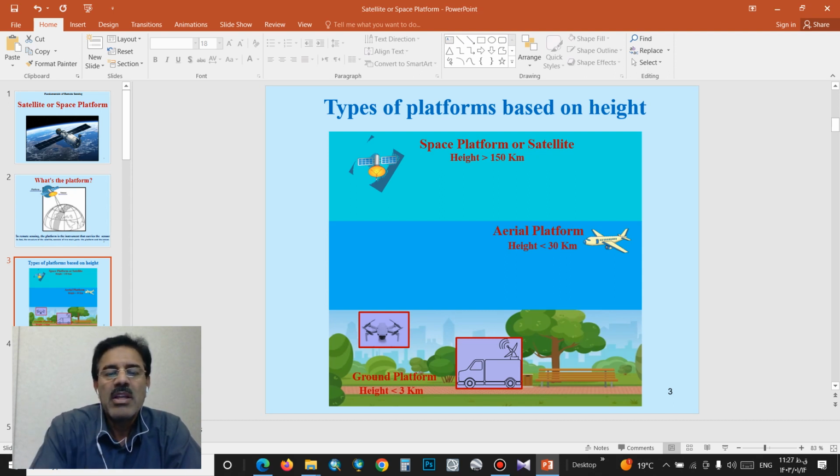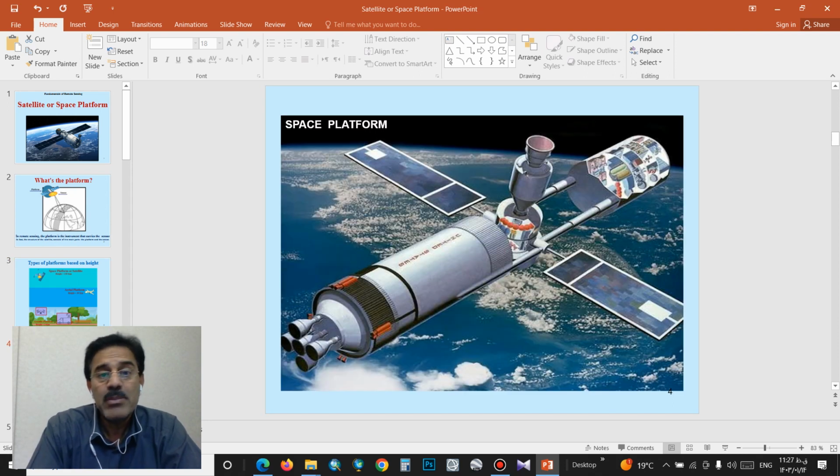And for the Earth, a space platform or satellite, height is over 115 kilometers. A space platform or satellite is located in part 3. It is important in remote sensing.